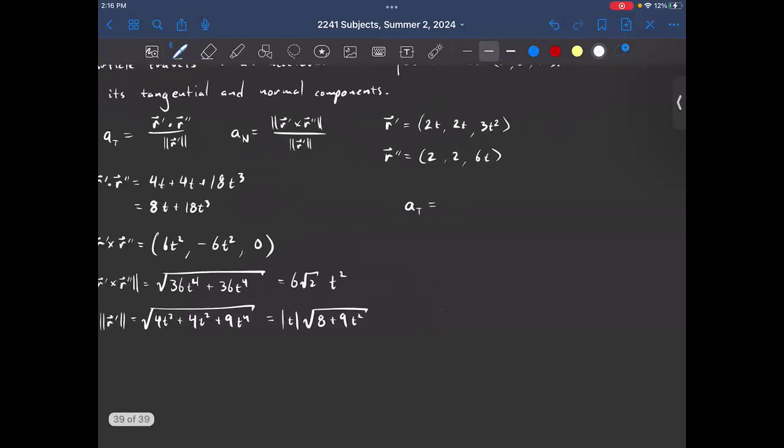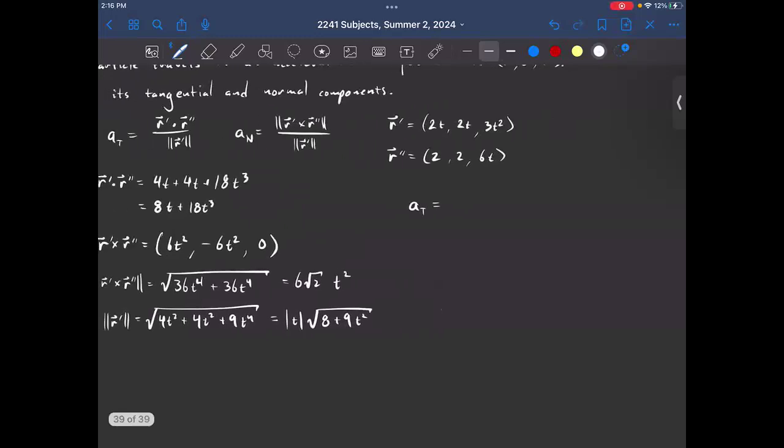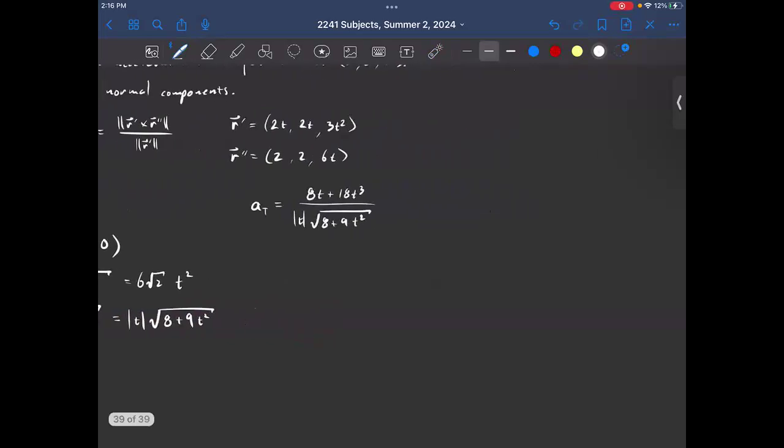So r prime dot r double prime is 8t plus 18t cubed, divided by our norm, which is this thing, absolute value of t, square root of 8 plus 9t squared. And there is something that we can do here.